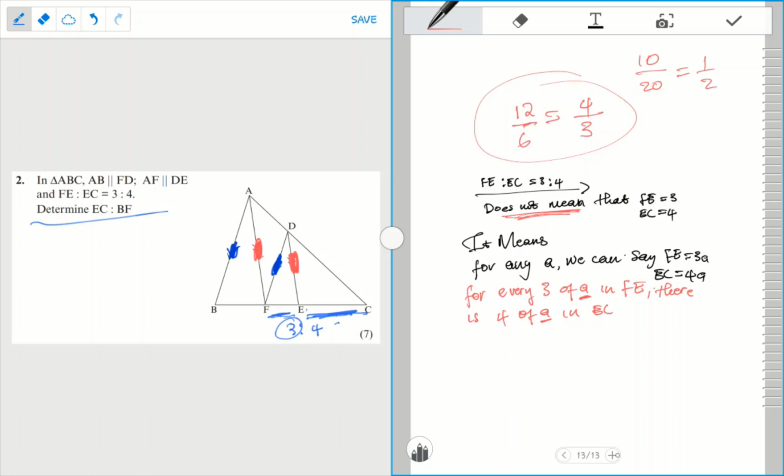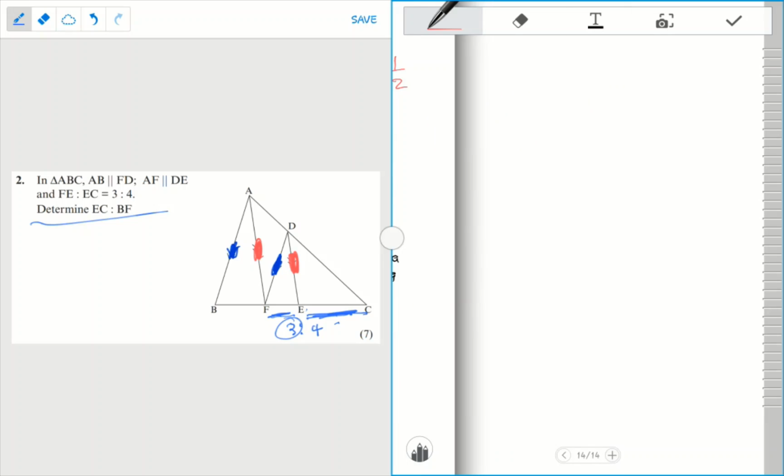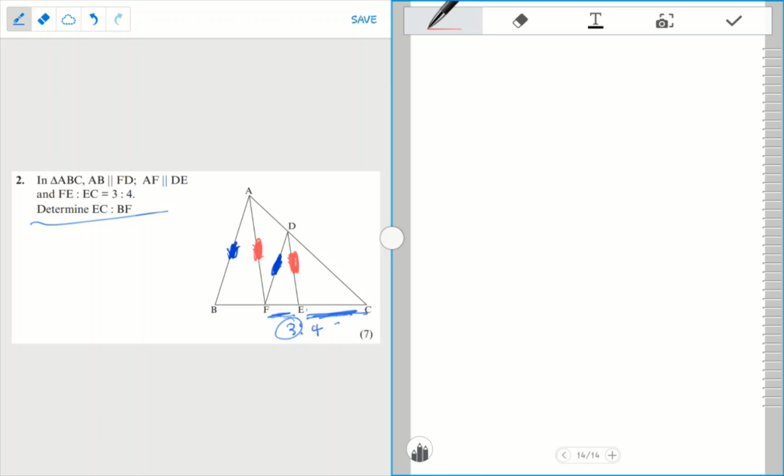Okay, let's now try and write what we are given, and solve this. We are trying to work these two triangles in a different manner.